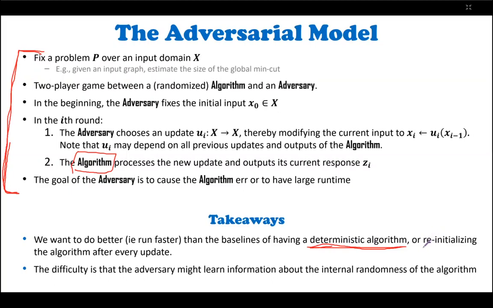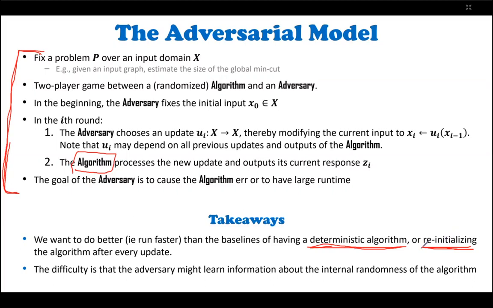The second baseline solution you can think about is, on every time step, just run a static algorithm to solve the problem from scratch. So that would also work, of course. In the context of the global min cut problem, what it means is that after every edge change in the graph, just recompute from scratch the size of the global min cut.